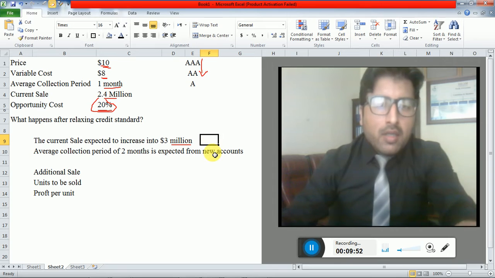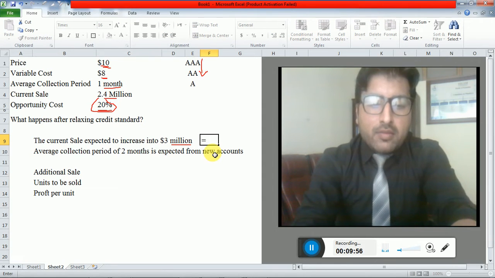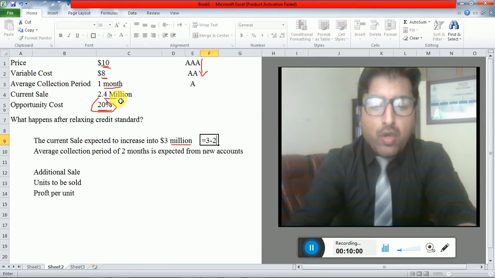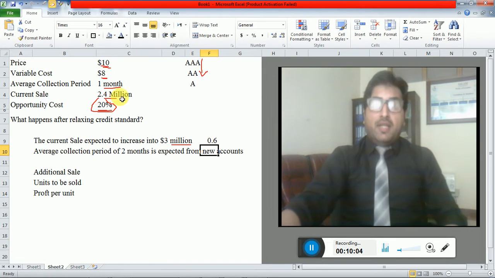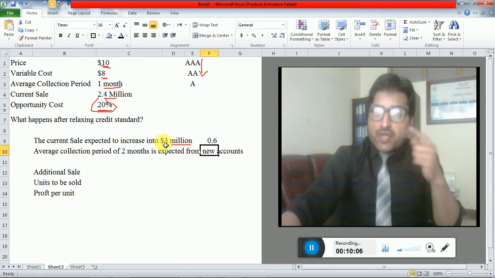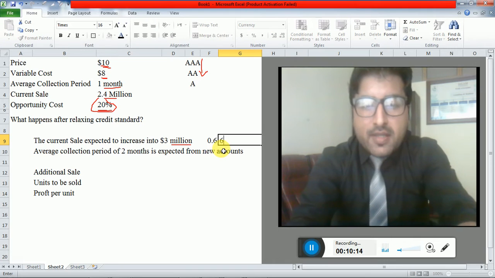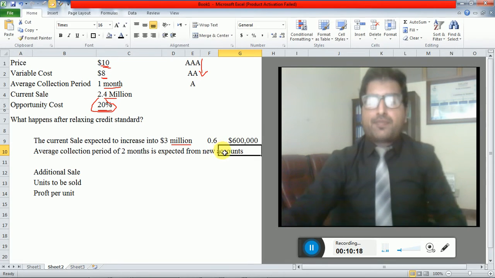Look here, 3 million. If from 3 million we minus the current sale, that is 2.4 million, it means 0.6 million that is increasing. The sale is increasing by how much? 0.6 million. So that is equal to $600,000.